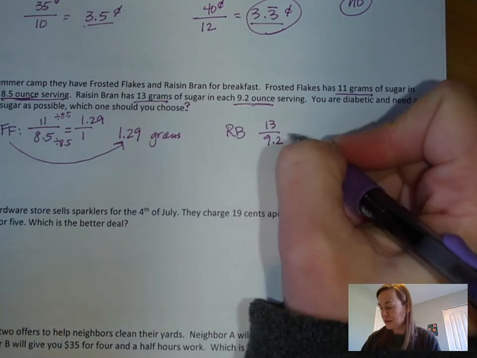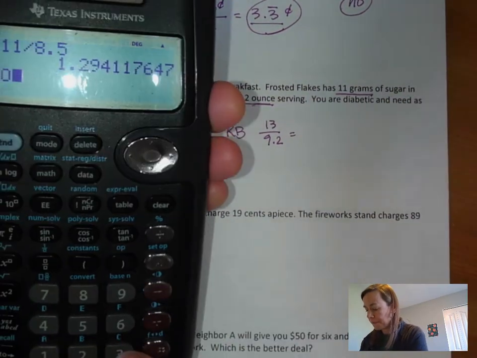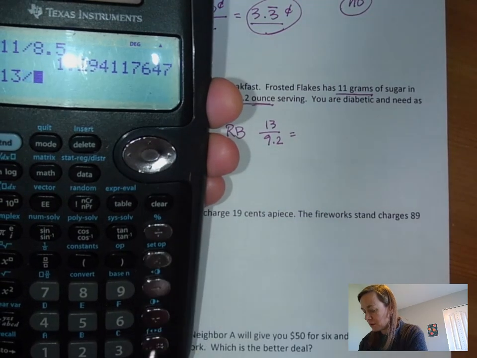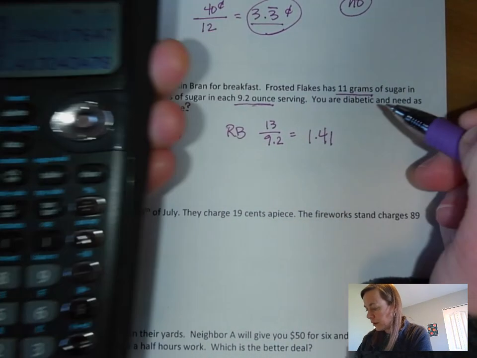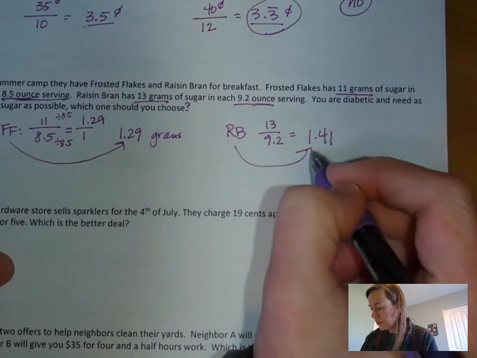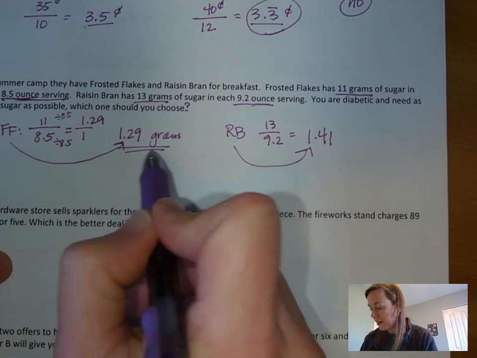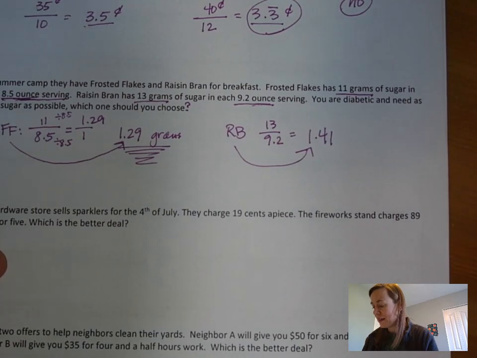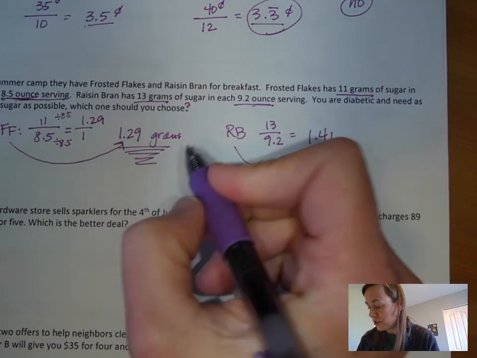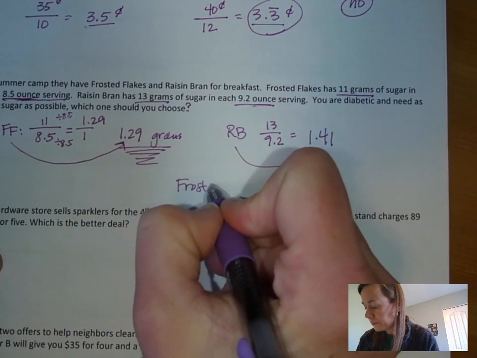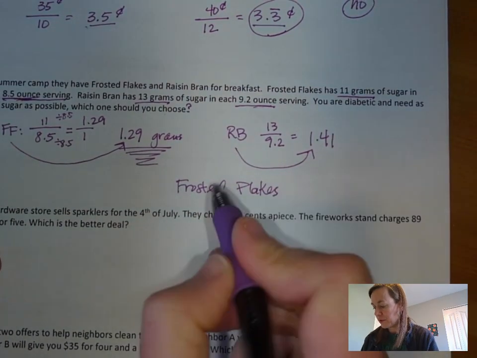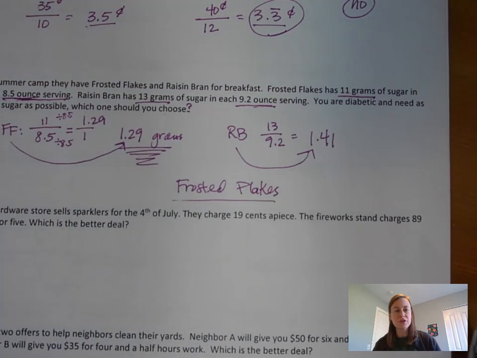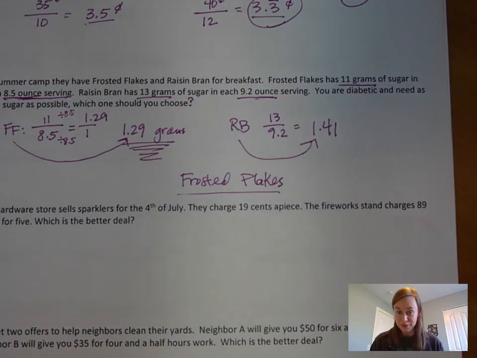This time we're just going to divide 13 divided by 9.2. And that gives us 1.41. Okay, which one of these is lower? It looks like Frosted Flakes is lower, so it looks like you should choose Frosted Flakes. Okay, so Frosted Flakes has fewer grams of sugar per 1 ounce of cereal.